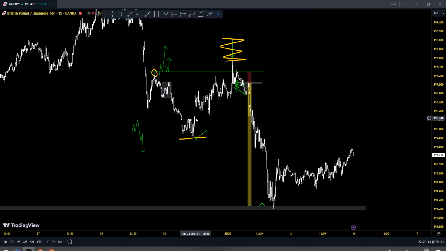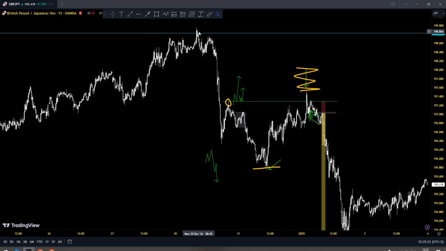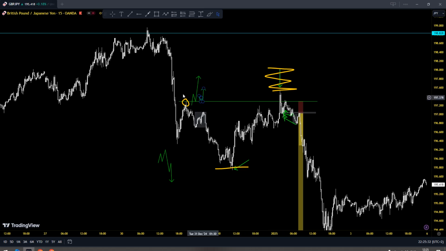That's why you have to be patient and not follow your emotions. That's why we are just gathering information with no judgment. You don't pick that side, you don't pick that side. You just gather information and be patient and think with the flow of price action.